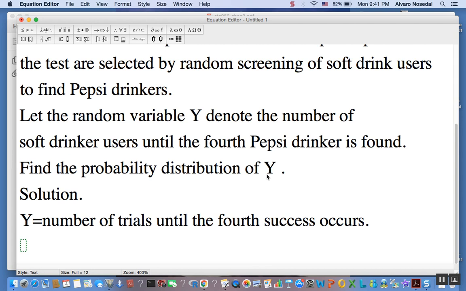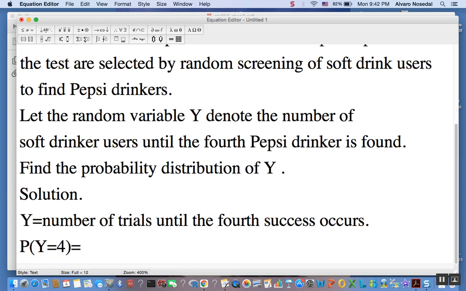But we need those two ingredients: possible outcomes with corresponding probability. Now let's think about this. What are the possible values for our variable Y? If we are talking about the number of trials until our fourth success, we have to try at least 4 times. So that would be the first value of our random variable, Y equals 4.